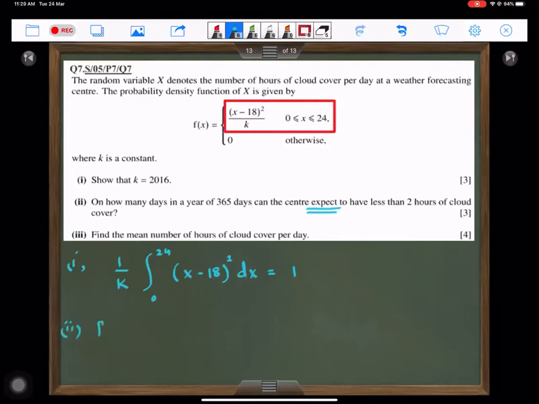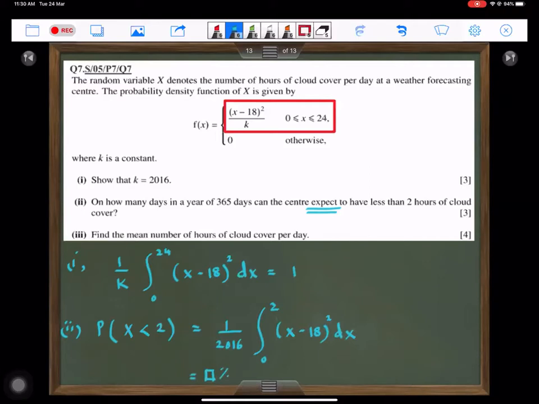So probability x is lesser than 2, and therefore this is 1 over 2016, the lower limit is 0, the upper limit is 2, where x is the number of hours. It's for the whole day, that's why 24. And therefore this is x minus 18 whole square dx. And then you integrate and you get a probability which is something percent.